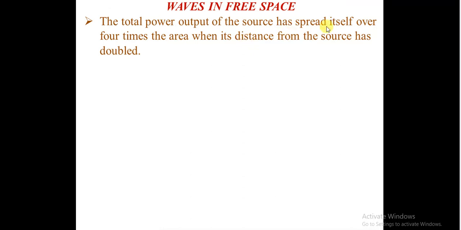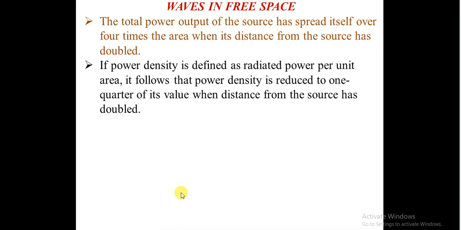So if power density is defined as radiated power per unit area, it follows that power density is reduced to 1/4 of its value when the distance from the source is doubled.